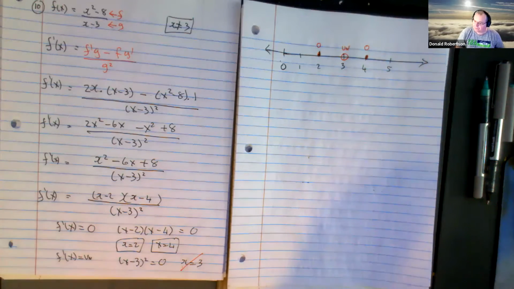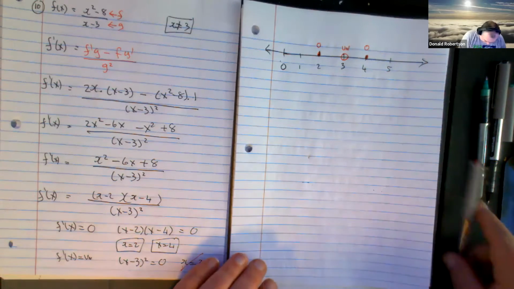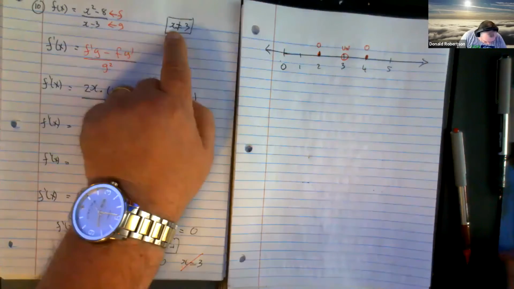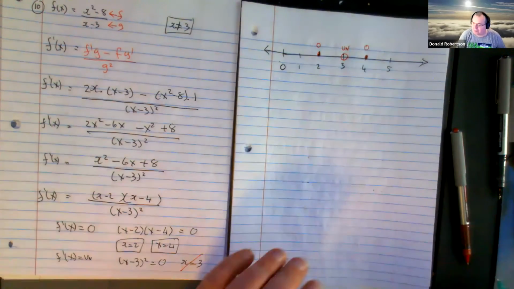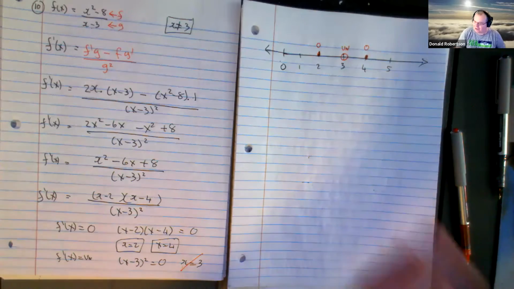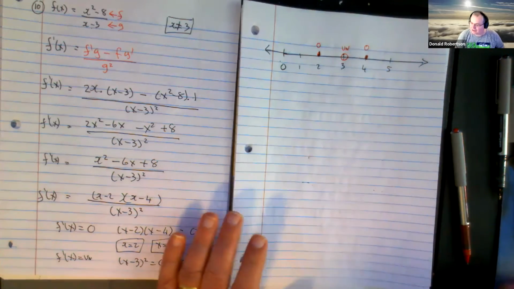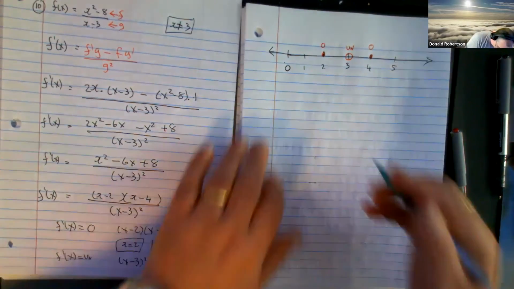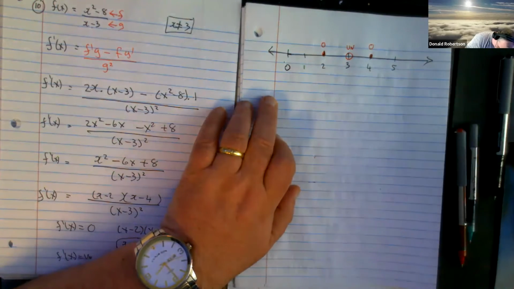So if that sounds like I'm saying, don't use me, and then I'm using me, I guess I am. But I'm using you not as a critical number, I'm using you as a place where things can change. So I need some test points.